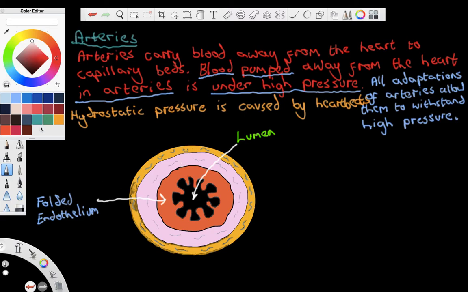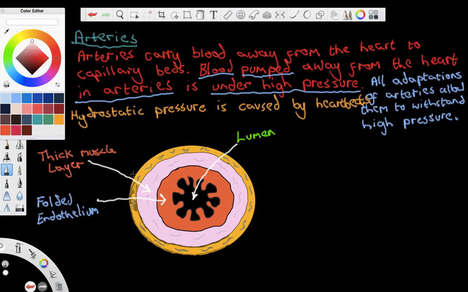After the folded endothelium, we've got a thick muscle layer, which is shown in pink on my diagram.